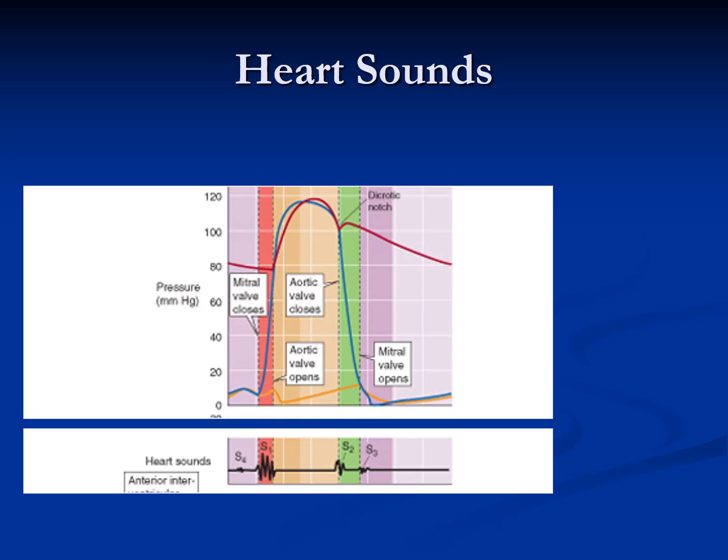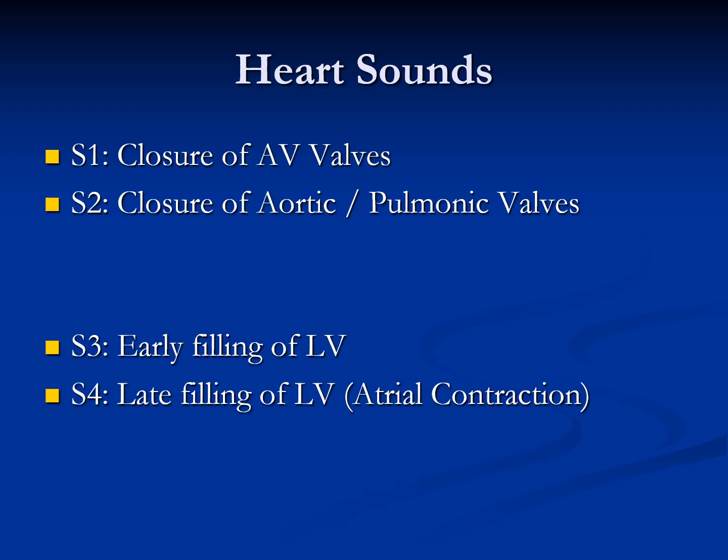And the second heart sound is closure of the aortic, and on the right side, the pulmonic valve. So S1, first heart sound, is closure of the atrioventricular valves, meaning mitral and tricuspid, and S2 is closure of the aortic and pulmonic. So that's why anytime you hear heart sounds, boom, boom, boom, boom, the first boom is S1, closure of the mitral, and the second is closure of the aortic/pulmonic.